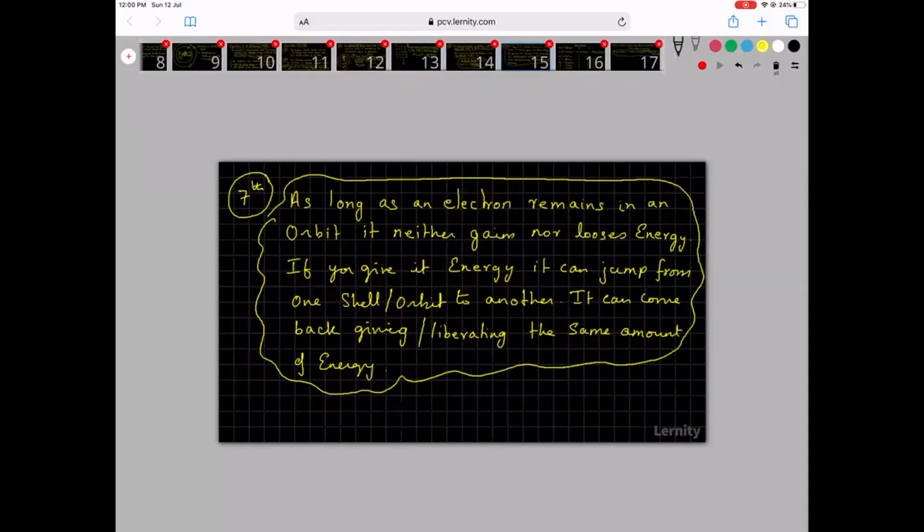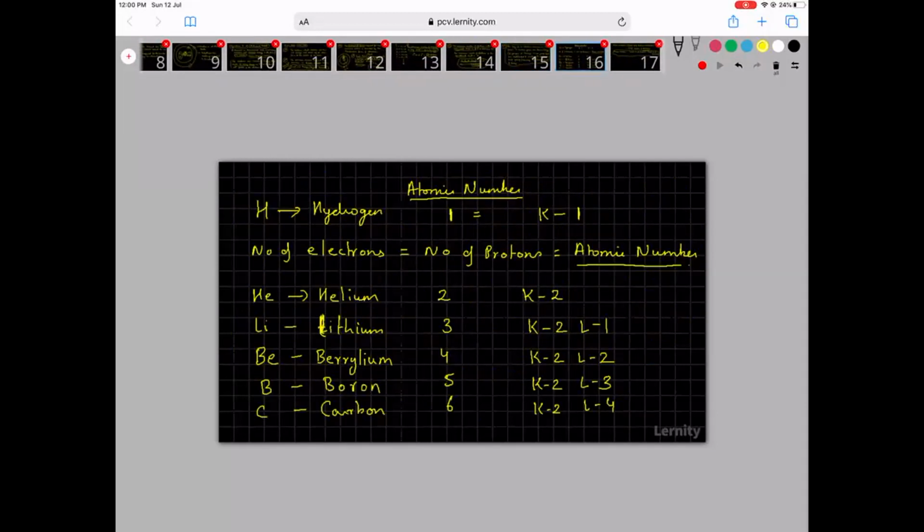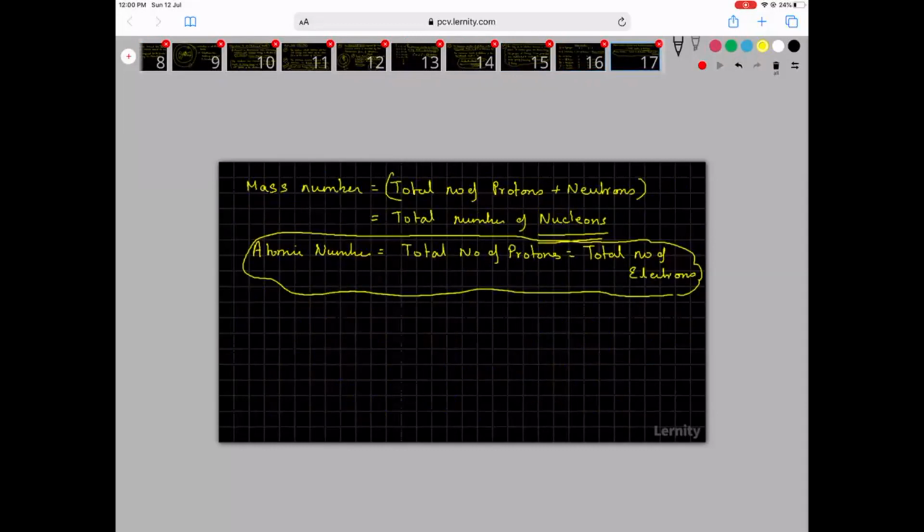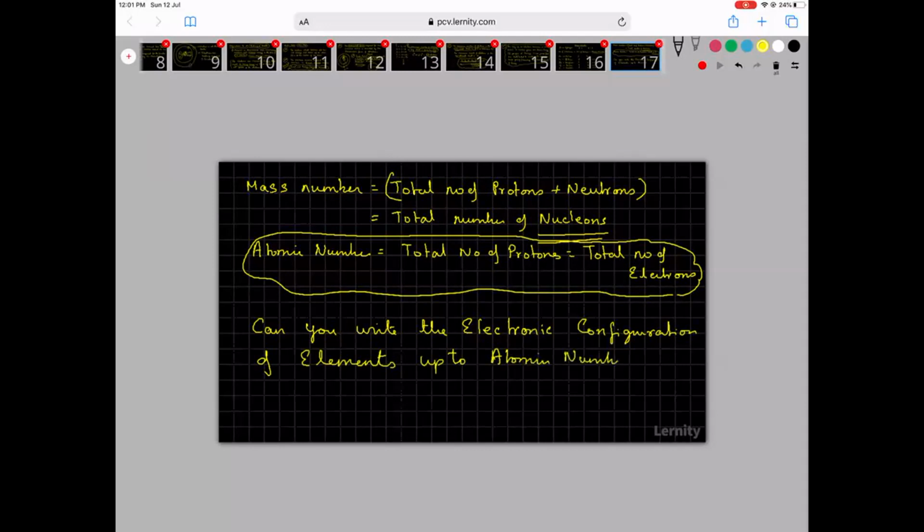Then 16. Then 17. Here is a homework for you. Can you write the electronic configuration of elements up to atomic number 40?